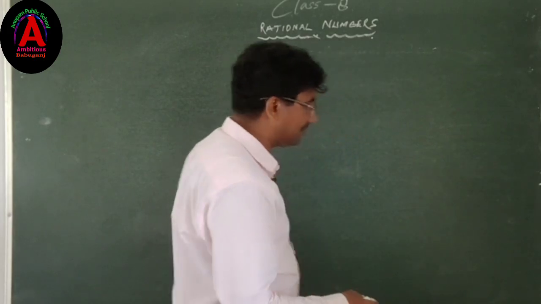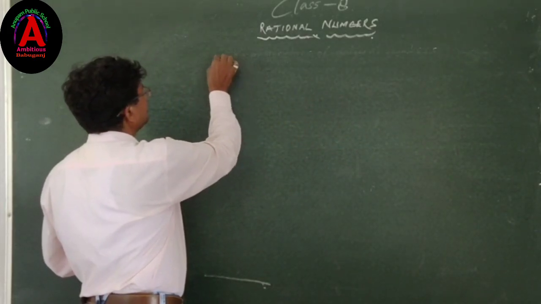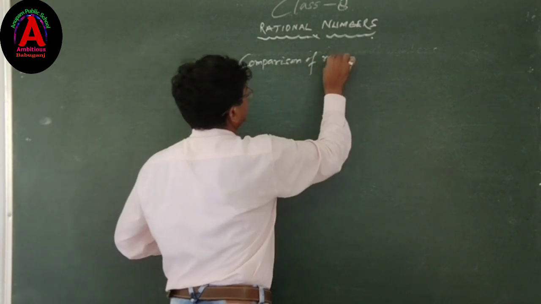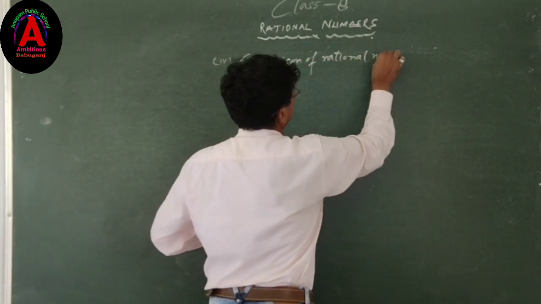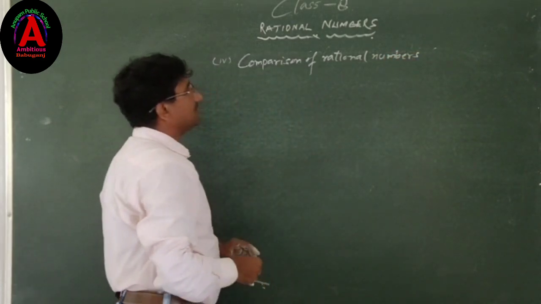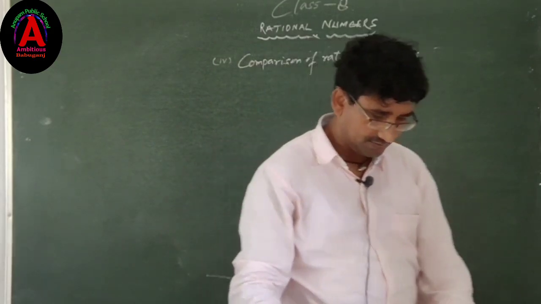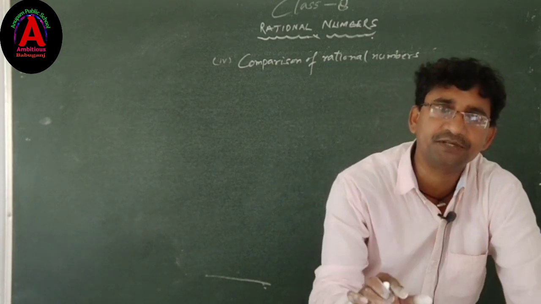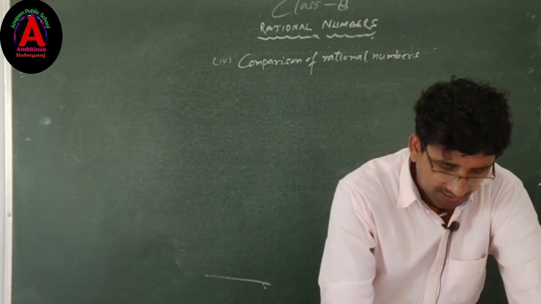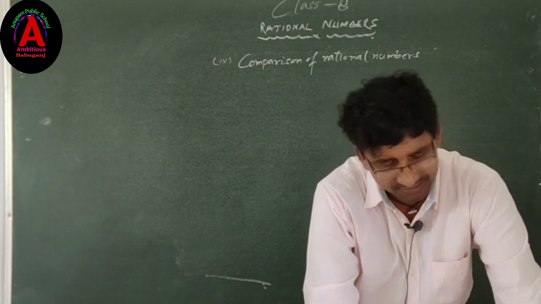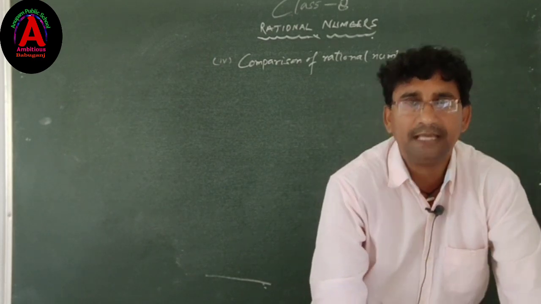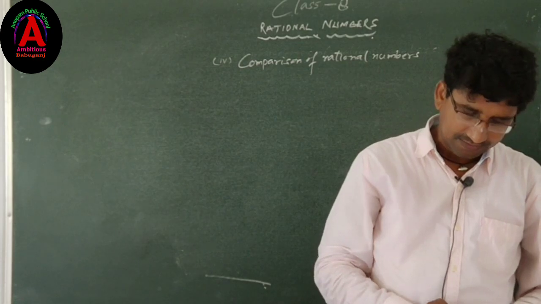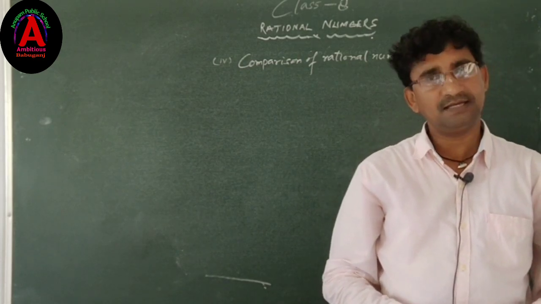Next, comparison of rational numbers. It is clear that every positive rational number is greater than 0 and every negative rational number is less than 0.